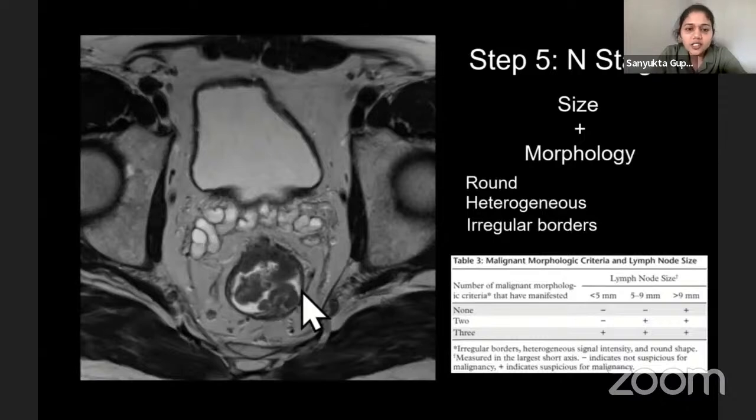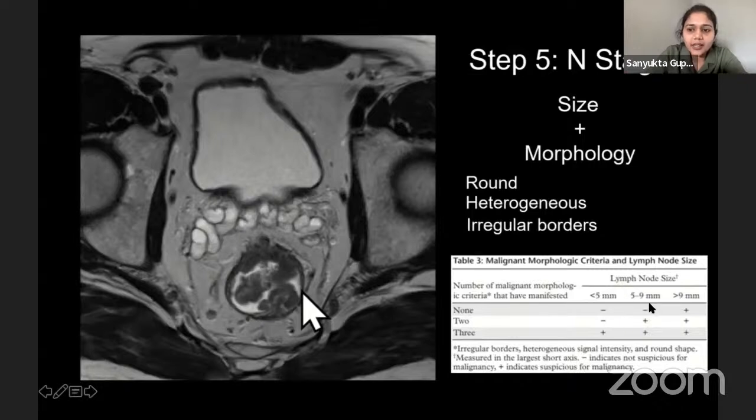The nodal staging here, in cases of CA rectum, is not only based upon size, it is based upon morphology of the lymph node also. So even if it's a less than 5 mm node, you can't say that it's not a positive node. If its morphology is round, the signal intensity is heterogeneous, and it has irregular borders, then all the 3 characteristics of the morphology add up, and it becomes a suspicious lymph node.